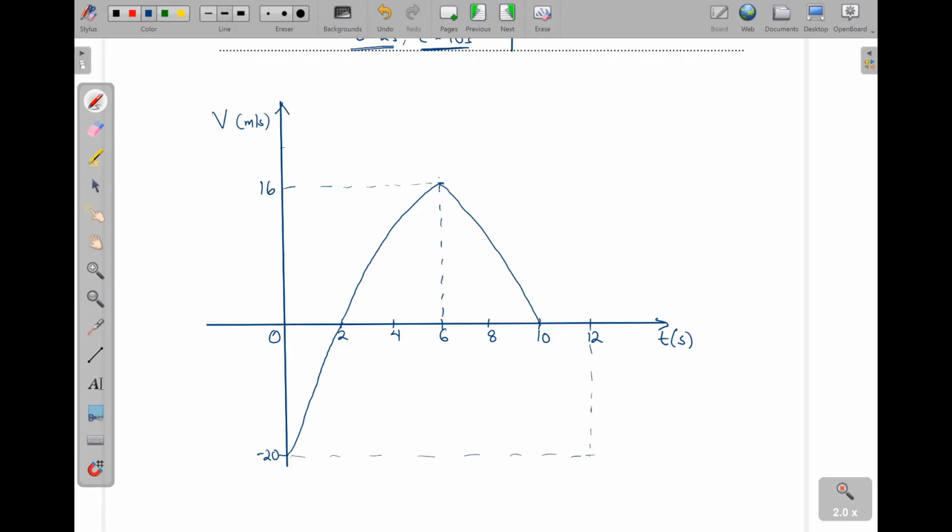So then I proceed and put this one here. I don't go beyond that because they told me from 0 to 12. So that is going to be our curve. By the way, where this curve cuts the t-axis, the turning point is always in the middle of those t values. So if you get 2 plus 10, you get 12. Divide by 2. Do you see that you get 6? Okay, so that is that.